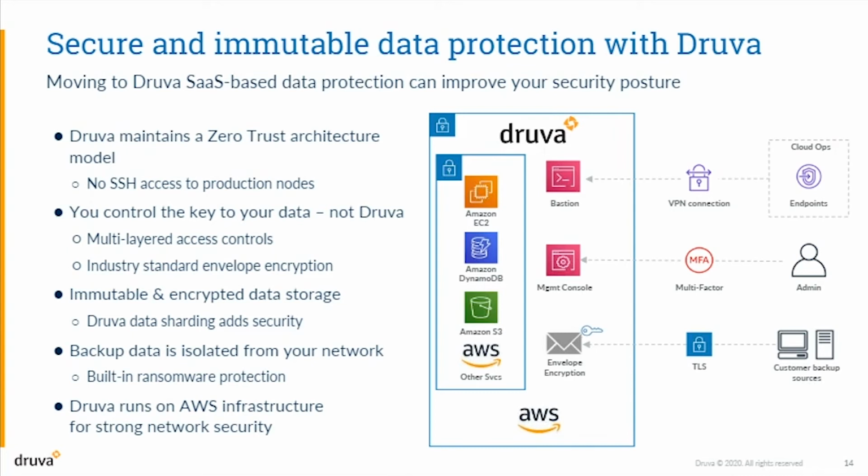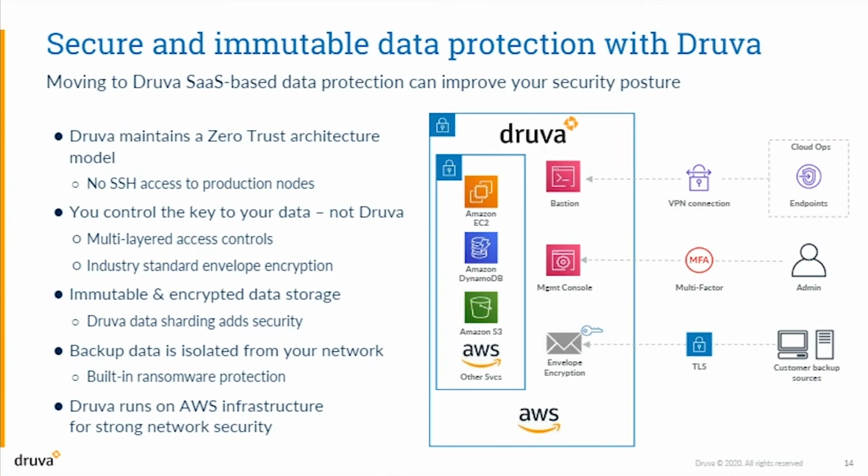The other element relates to our immutable storage capabilities and the fact that our data is encrypted. Certainly there are other folks that have immutable data storage, but what also makes us unique is the fact that our immutable storage is in the AWS cloud.